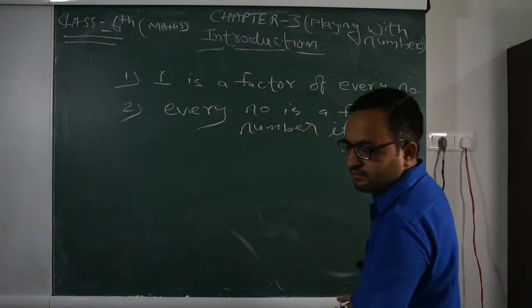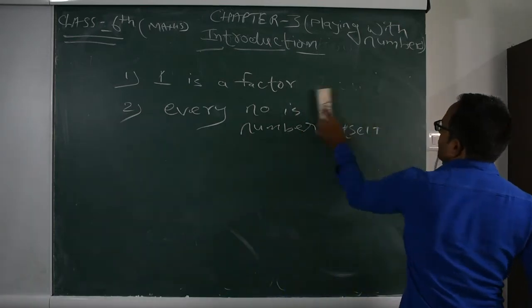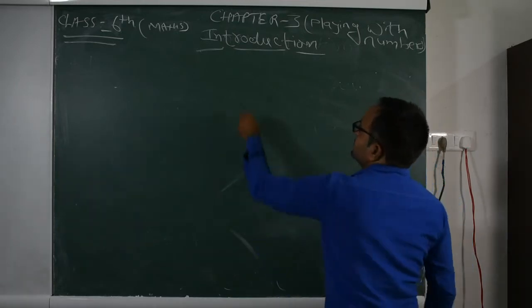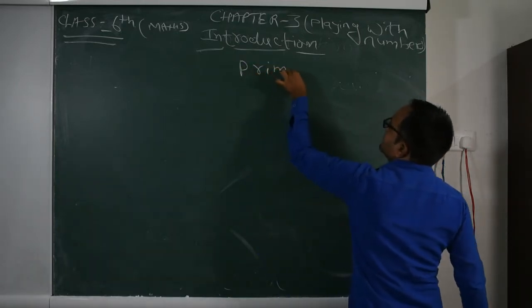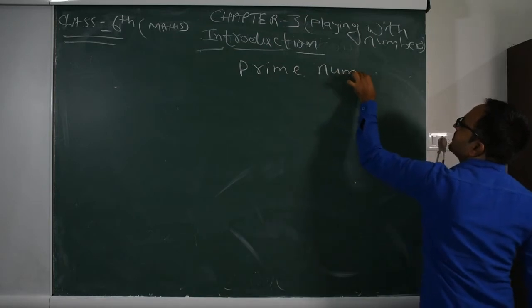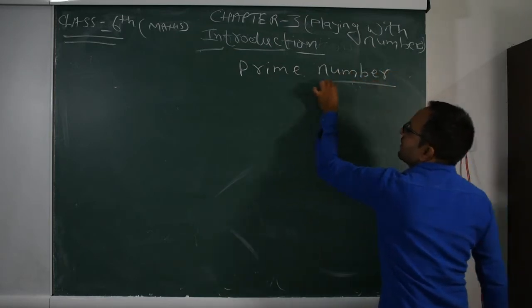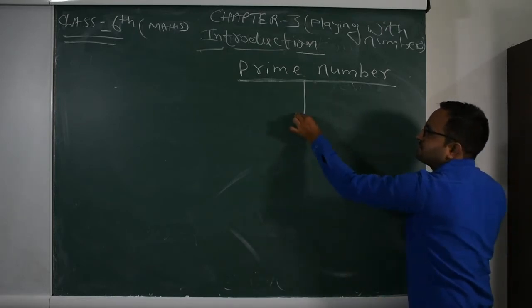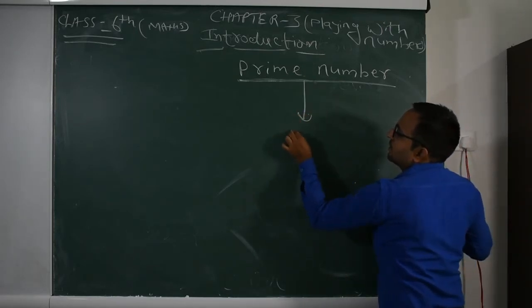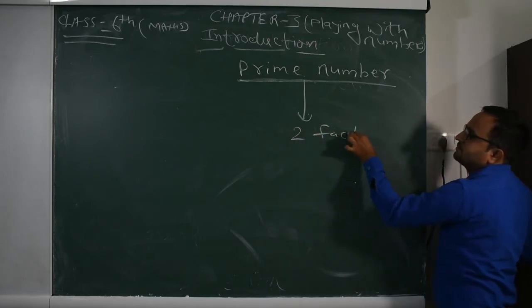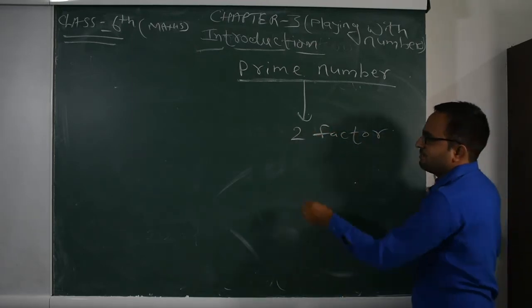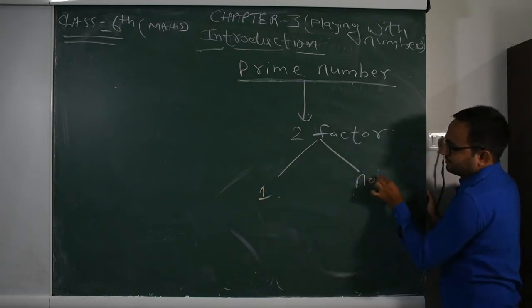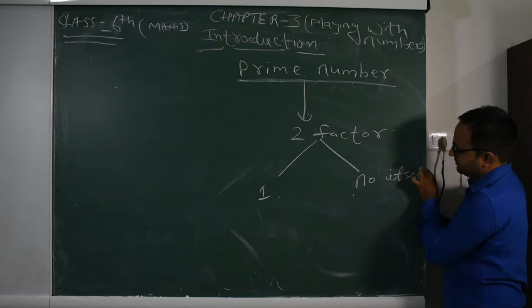Now we discuss prime numbers. A prime number is a number that has only 2 factors. Which factors? 1 and the number itself.